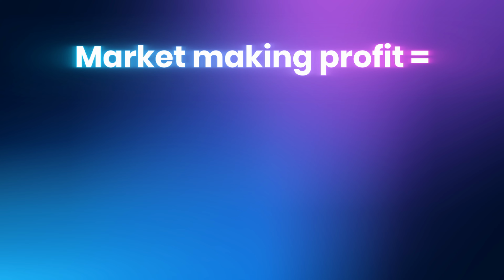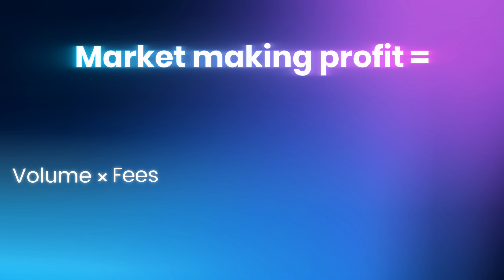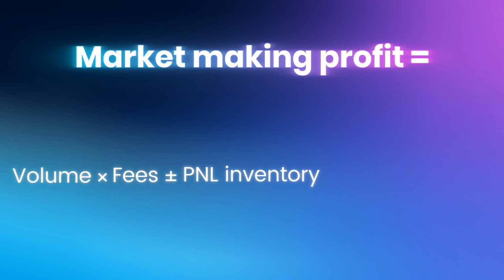If you think about market making and their profitability, you can essentially break up their profitability in the volume they clear times the fee or bid-ask spread that they charge, minus the P&L that results from the inventory or the assets that they end up with as a result of providing liquidity.